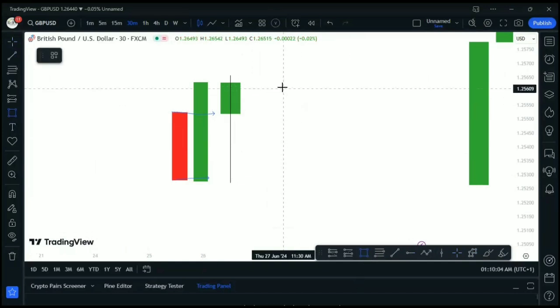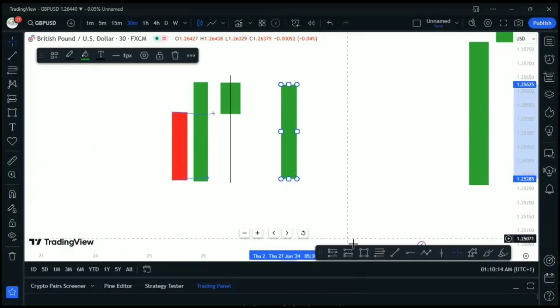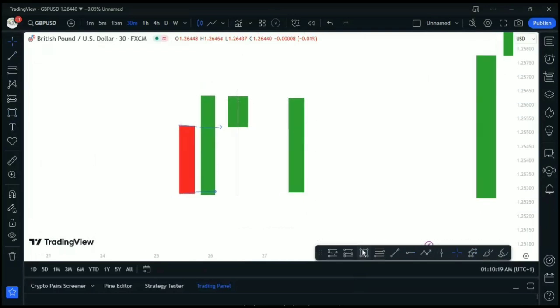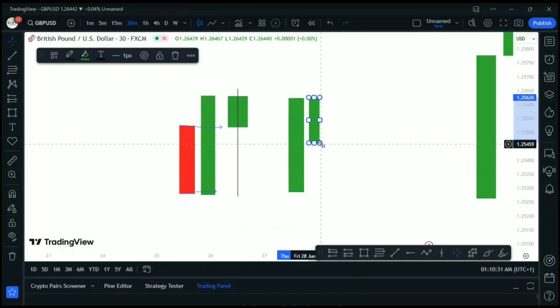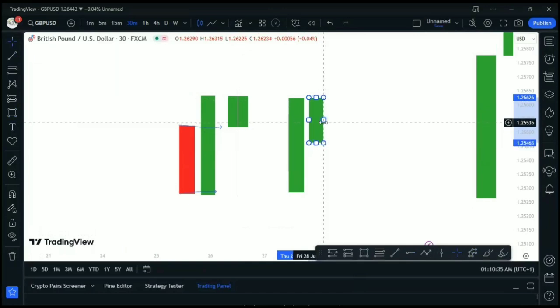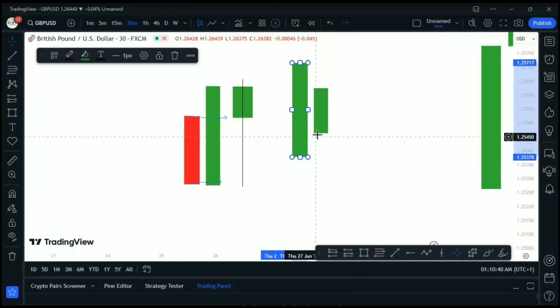Now let's do another example. Let's say we have this. This is bullish. And then we have this. Okay, let's do this one.